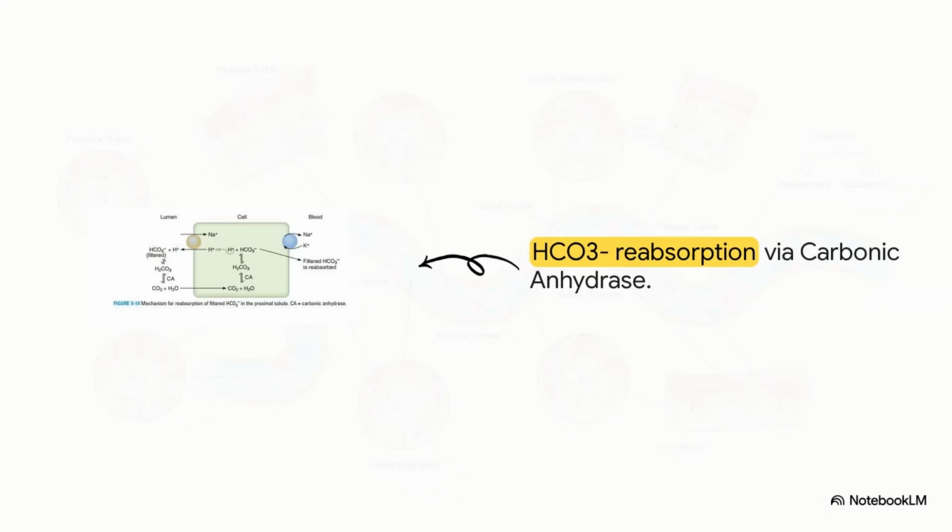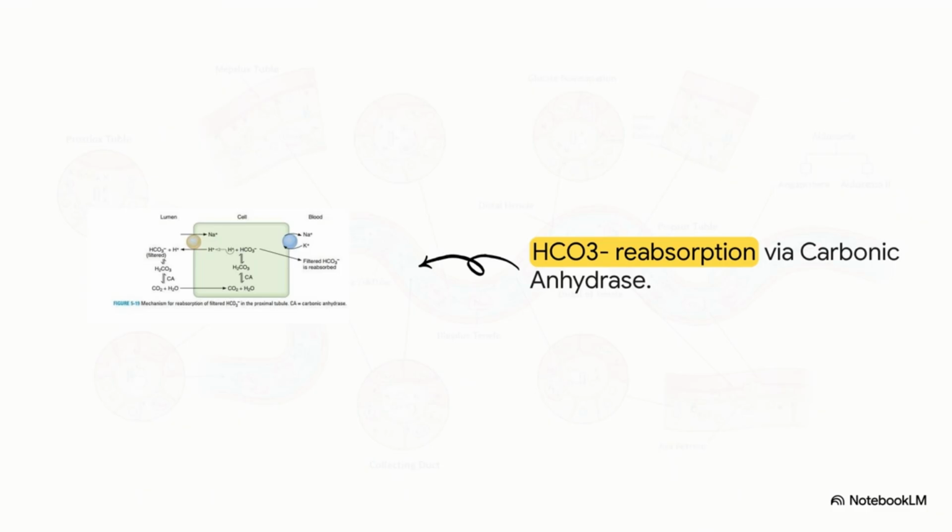You can actually see this in action with the sodium-hydrogen exchanger on the luminal membrane. The downhill rush of sodium powers the uphill secretion of hydrogen. Once that hydrogen is out in the lumen, it hooks up with filtered bicarbonate ion to form carbonic acid. Then, a luminal version of carbonic anhydrase breaks it right back down into water and CO2.